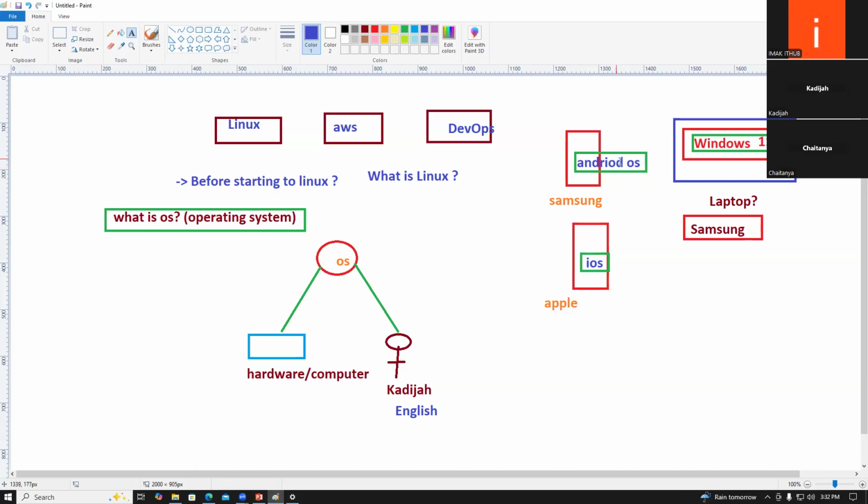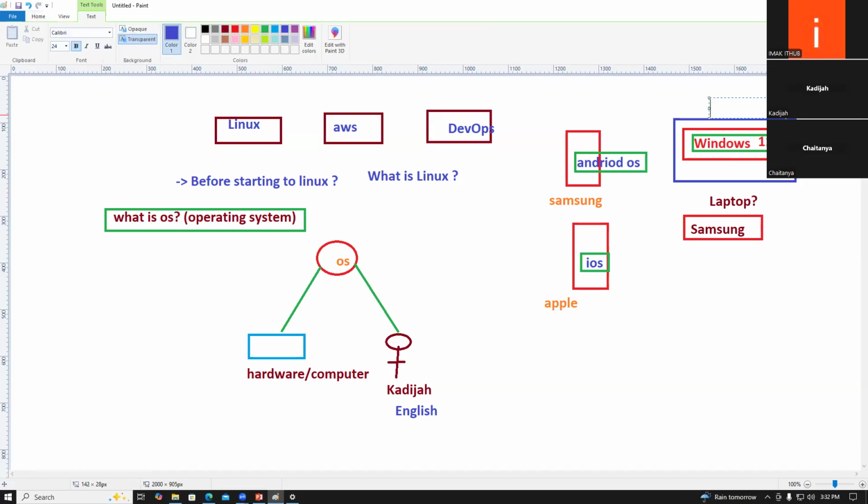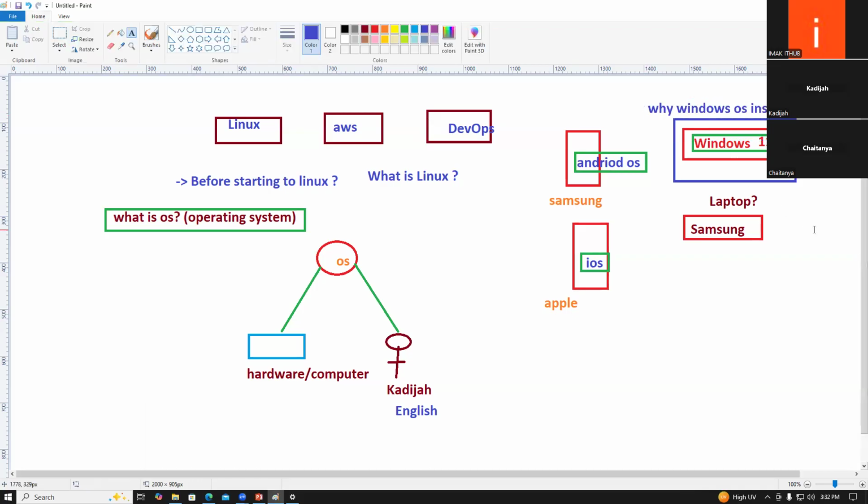In your Samsung laptop, why is Windows OS installed? You might have a thought, a concern, a doubt: why is Windows OS installed on my laptop?